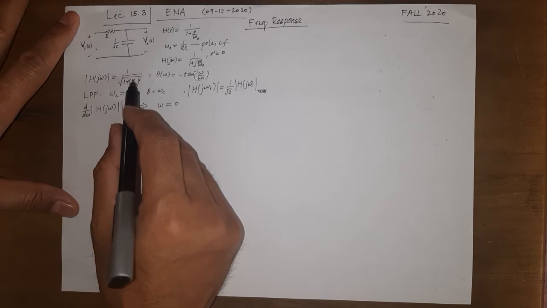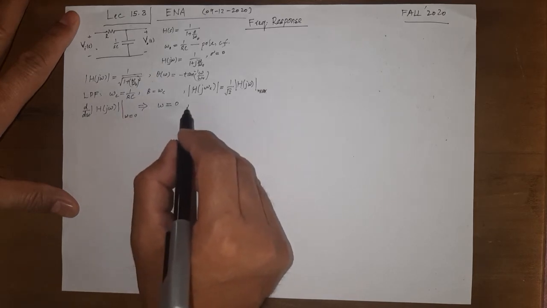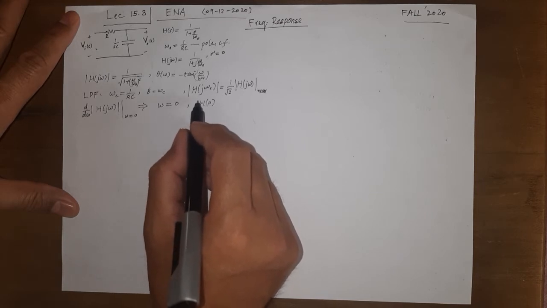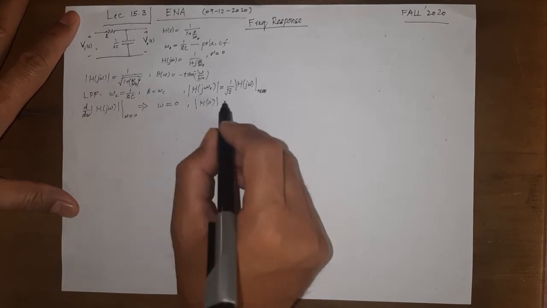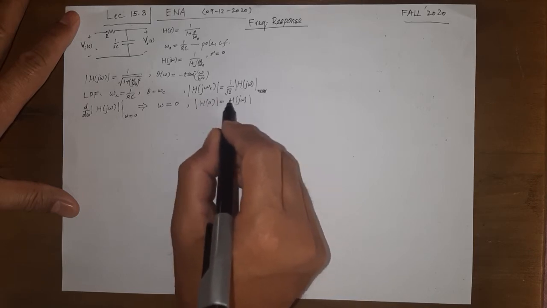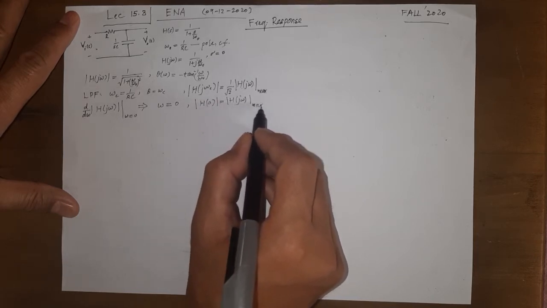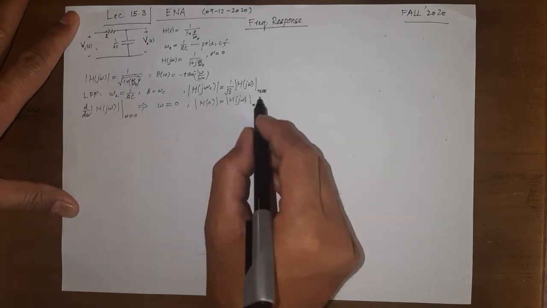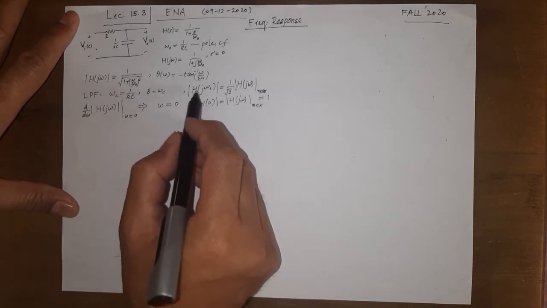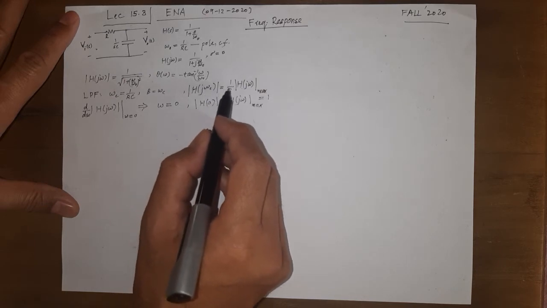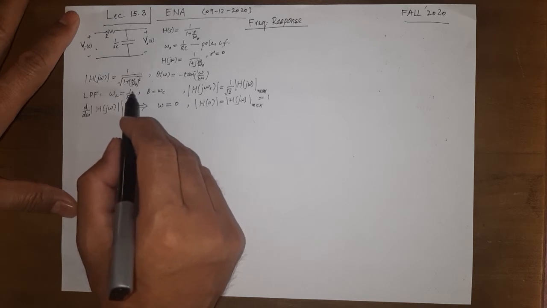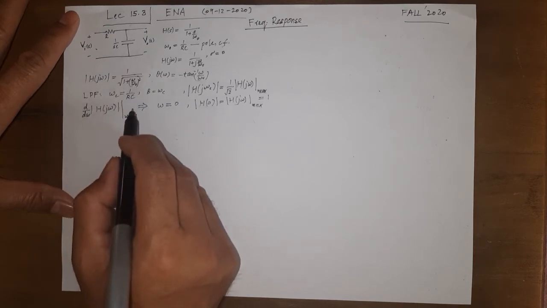So when you put omega equal to 0 in this H of j omega, we find that H of 0 is the value of H of j omega max, and that is equal to 1 over 1, that is 1. So for this particular circuit, H of j omega c would be equal to 1 over under root 2, because this is 1.